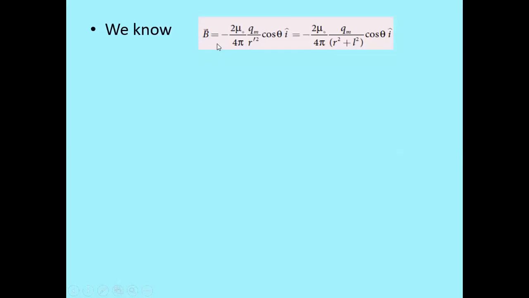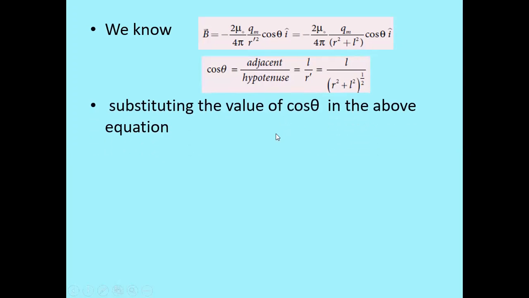Now we know B is equal to minus mu 0 Qm by 4 pi R dash square cos theta into I vector, which is equal to minus 2 mu 0 by 4 pi Qm by (R square plus L square) cos theta into I vector. Now I am going to substitute cos theta as L by (R square plus L square) the whole raised to 1 by 2.